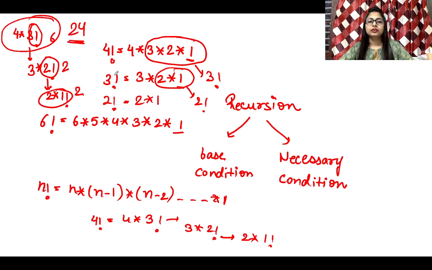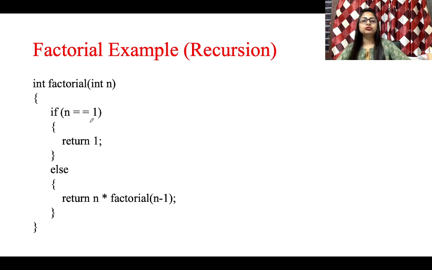Okay, so now if we move towards this example, similarly we will make one program for this. What I have taken here is, I have made one function which is named factorial. I took one argument in it as an integer type, because we are using factorial for integer numbers only.